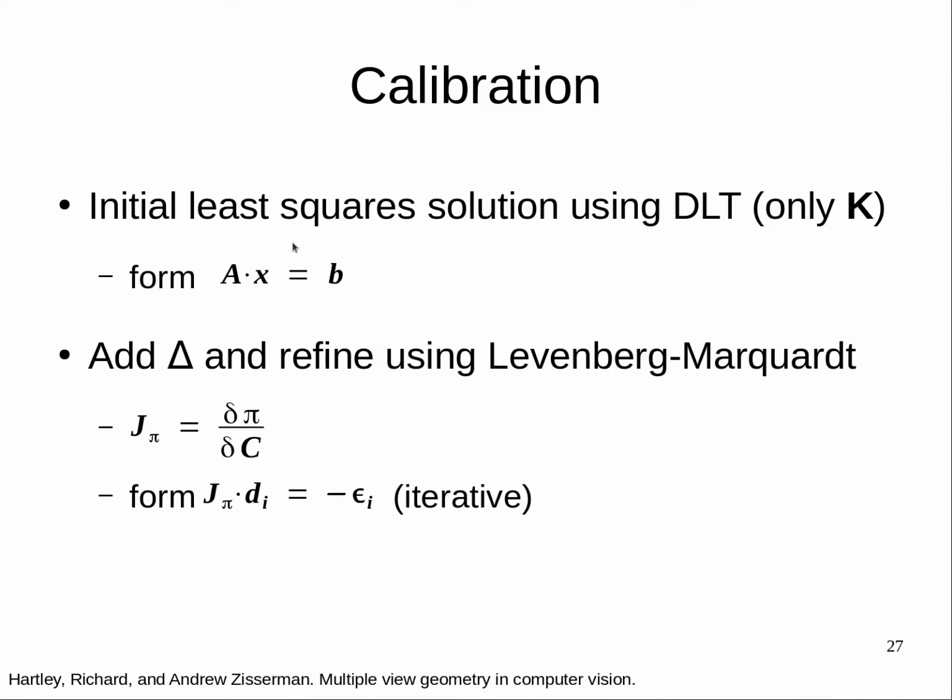And this is what hopefully this gives us. From this solution, we compute the gradient at that point. This means the partial derivative of the function p with respect to all of our intrinsic parameters.